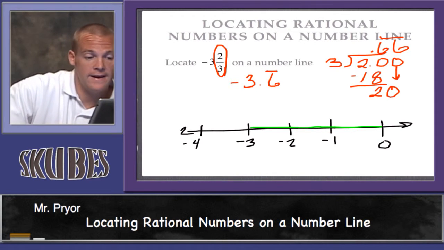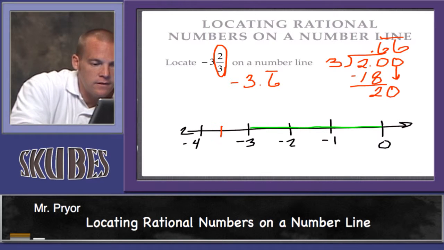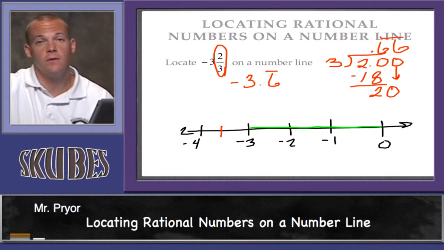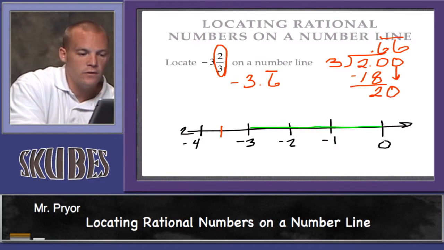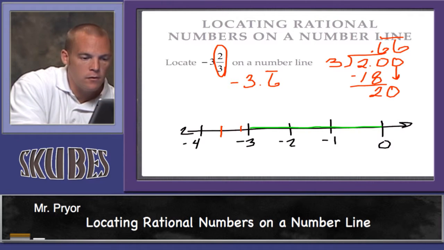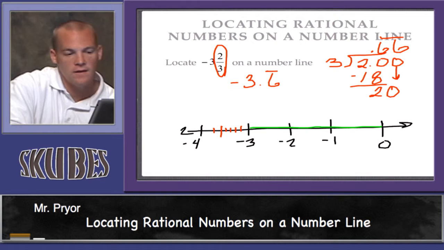So to do that, again, I showed you a moment ago, you can split it into halves if need be. So let me do that for you. If we split this into halves, that would be your 0.5. So again, think about which side 0.6 repeating would fall on. So here's your 0.1, 0.2, 0.3, 0.4. We have 0.5 and then 0.6.